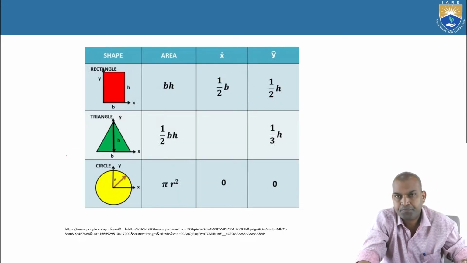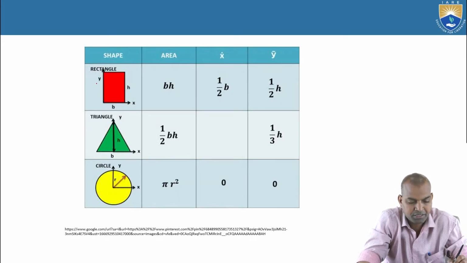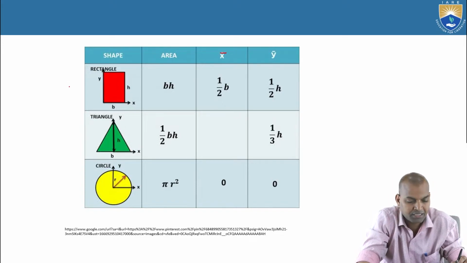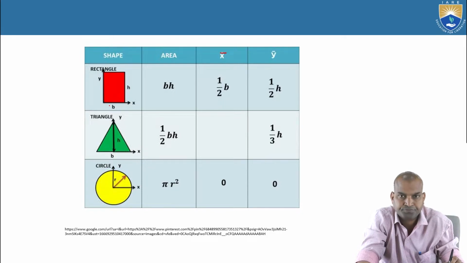We can see here the shape of the section. It is a rectangle with width b and height h. Here x and y are the reference axes. The area of this rectangle is b times h, bh, and x bar equals b by 2.